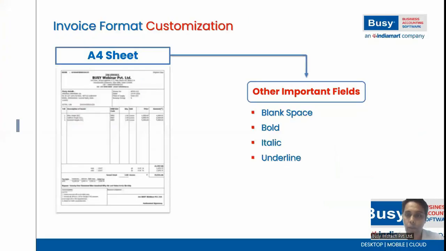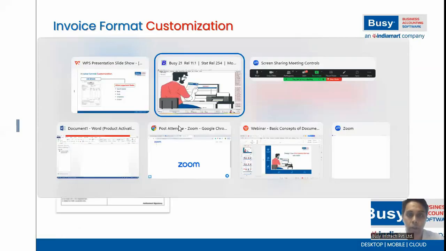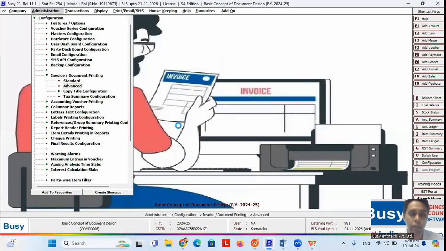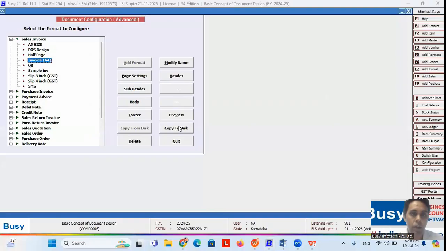In a similar way, if you want to set a color, if you want to mention a certain color for a particular field in your invoice, if you want to print the field in color mode, let's say for example I go to the sample invoice and click on this header part.